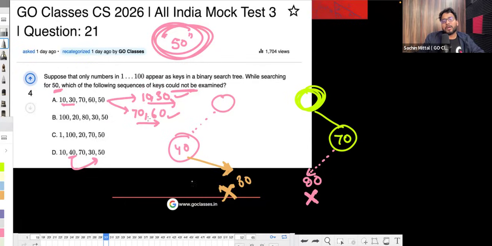Because once you have seen 10, you will go to the right of it, and on the right you cannot see anything lesser than 10, so all the values must be greater than 10. Once you have encountered 70, you will be going to the left, and all the values here should be lesser than 70. All the values here should be lesser than 80, like that. Once you have seen 100, you will go to the left, and all the values here should be lesser than 100. Understood?